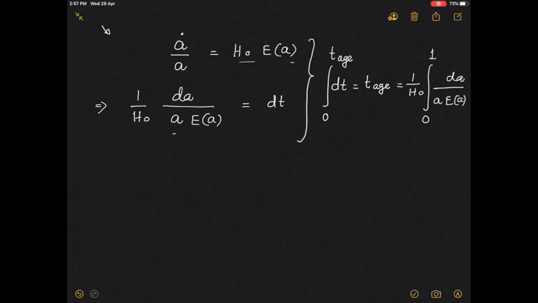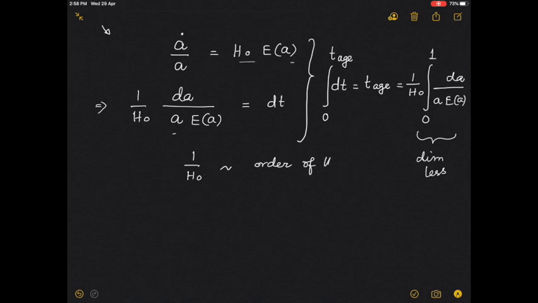If this integral does not converge, then obviously the age of the universe is infinite. On the other hand, if this integral converges, then the age of the universe is finite. And you can see this entire integral is dimensionless. So 1 by H naught is of the order of the age of the universe.